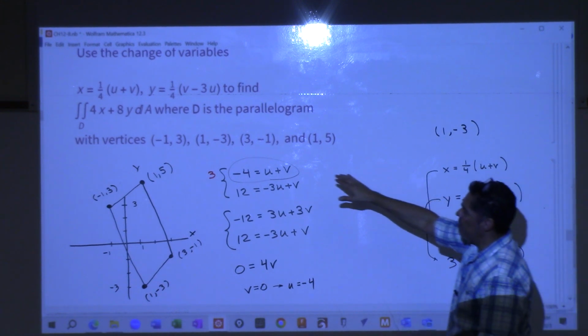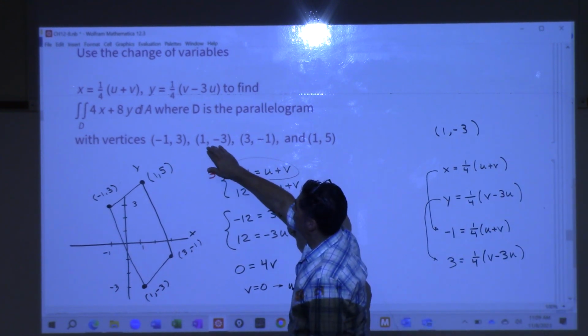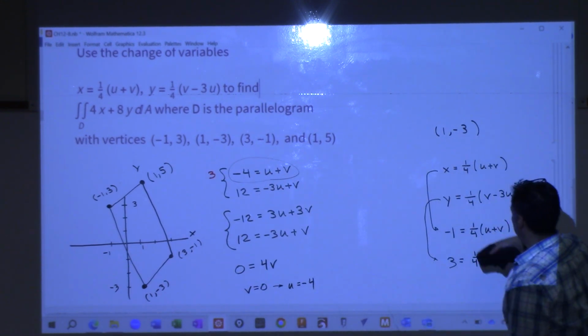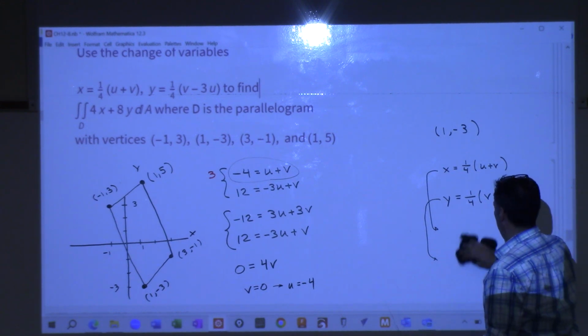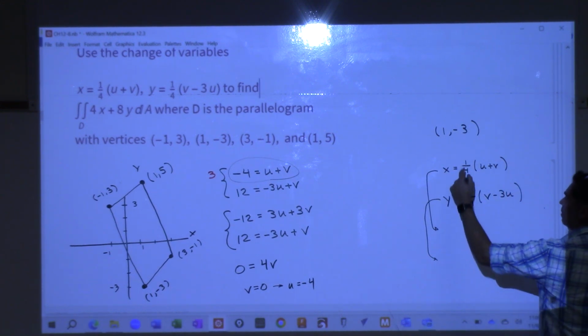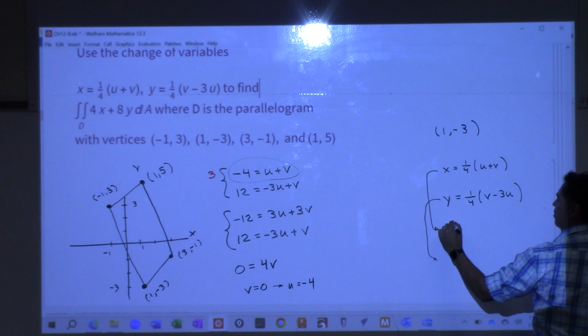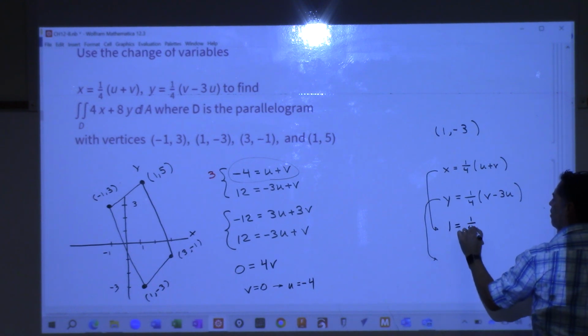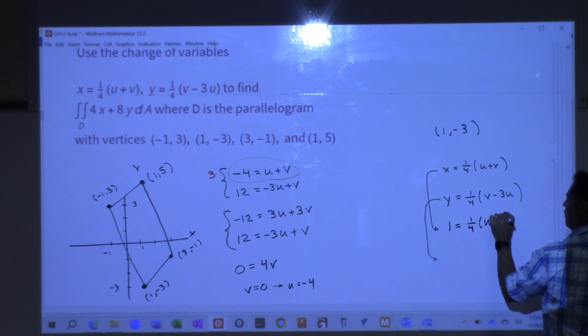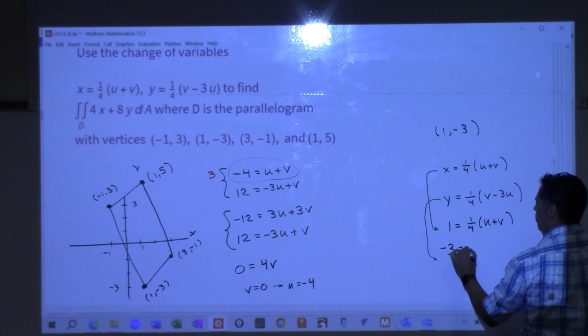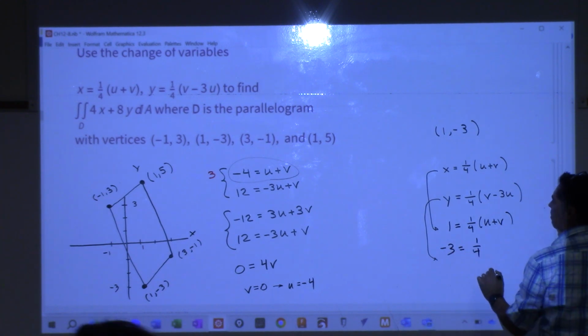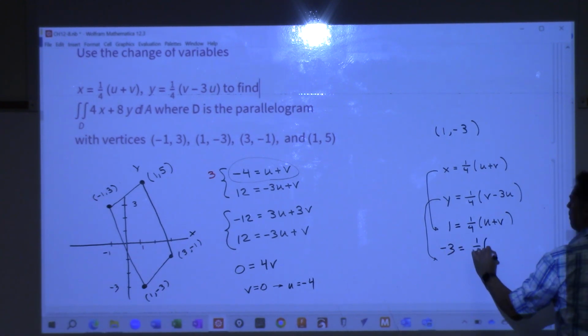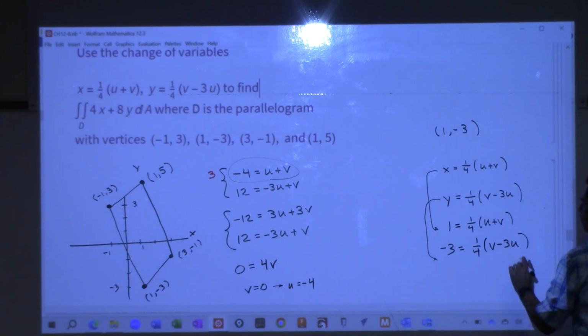I go to the next point, this one right here, and then I do the same thing. So what do my equations become now? X is 1, right? So 1 equals 1/4 u plus v. -3 equals 1/4 v minus 3u.